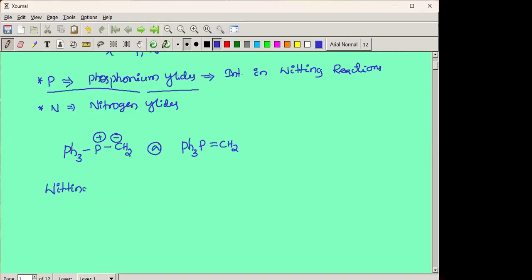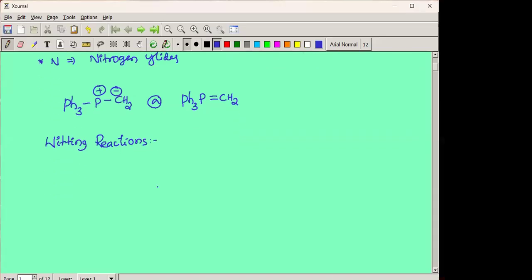In the Wittig reaction, carbonyl compounds are converted into olefins. So what is a Wittig reaction? Carbonyl compounds, either aldehydes or ketones, are reacted with the ylide CH2 minus, the triphenyl phosphonium ylide.